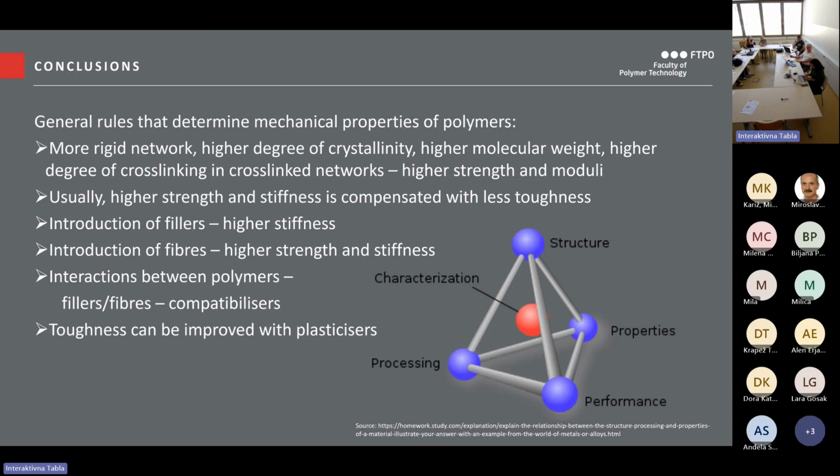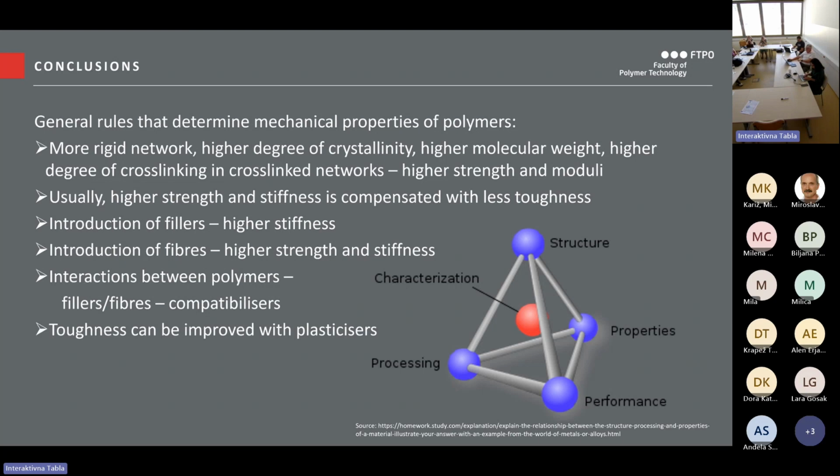If we then introduce fillers, we usually raise the stiffness. If we introduce fibers, we are able to increase strength and stiffness of the materials. But it's very important to keep the interactions between the polymer matrix and the fibers or fillers that we are introducing at a very good level.